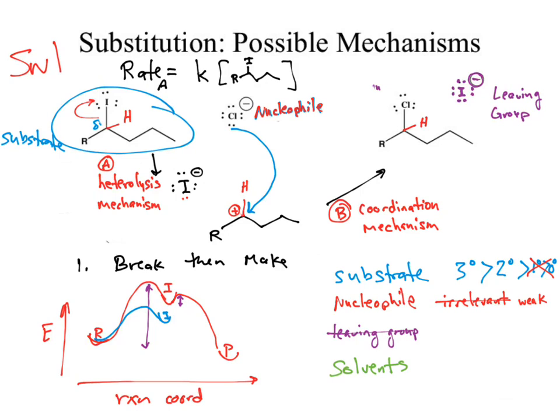In this case, I don't want non-polar because that doesn't get my nucleophile. I don't want polar protic because it won't get the substrate. So my solvent is polar aprotic. That might be my first pass at this.